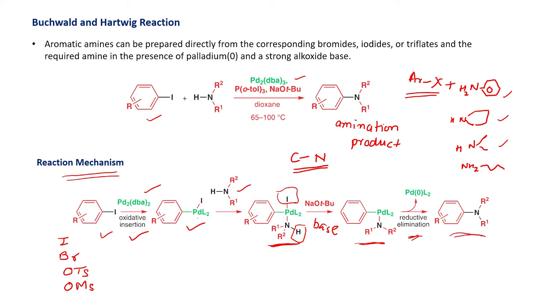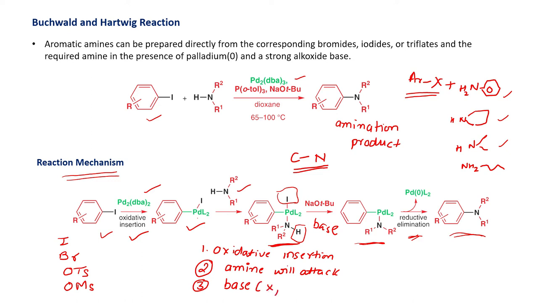So one step is oxidative insertion. In the second step your amine will attack. Third step is the role of base, which will remove your halogen and hydrogen on amine.